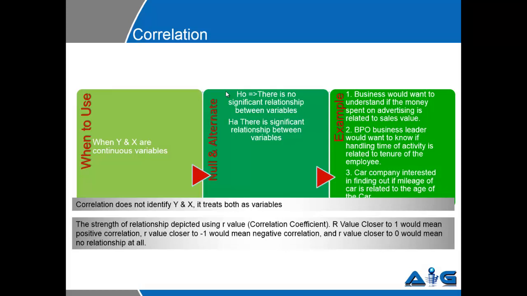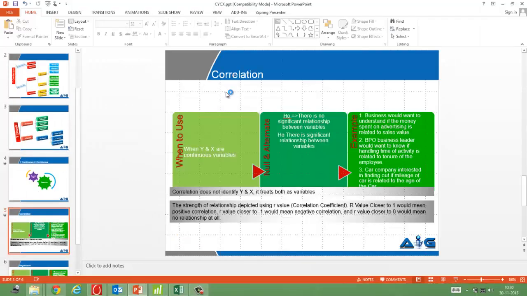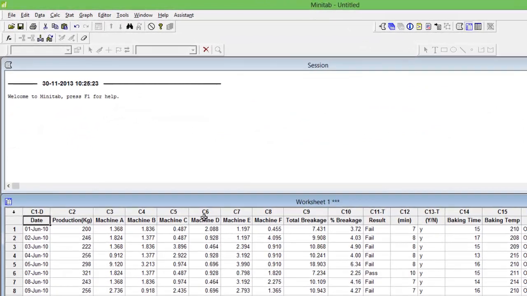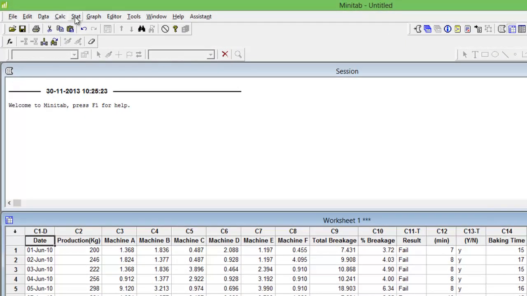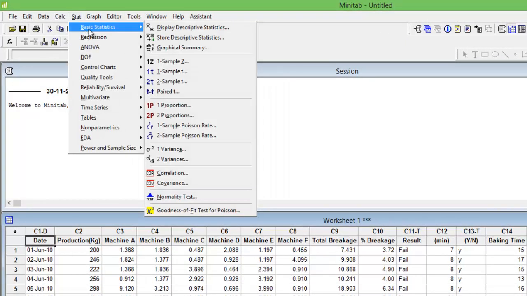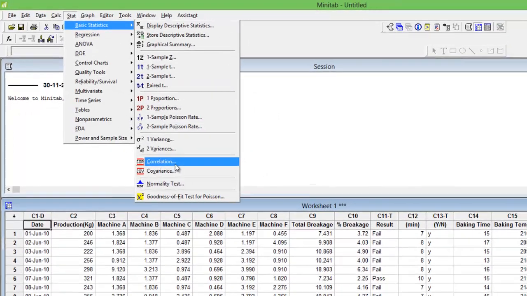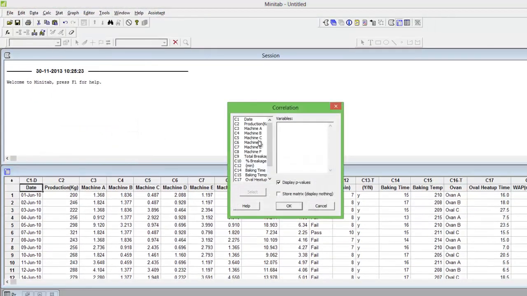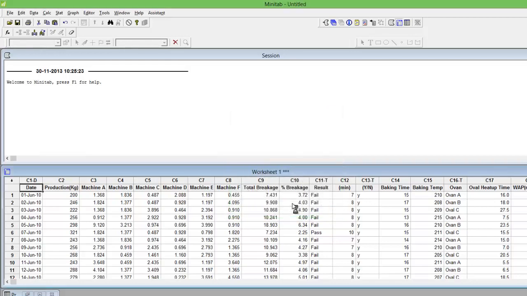So if you are conducting a correlation test, let me see if I can do that for you. Yeah. So correlation test would lie in the stats area. Stats, basic stats, go right, correlation. Choose both your variables. I am looking at the total breakage quantity, which is in kilos, versus production in kilos. I press OK.